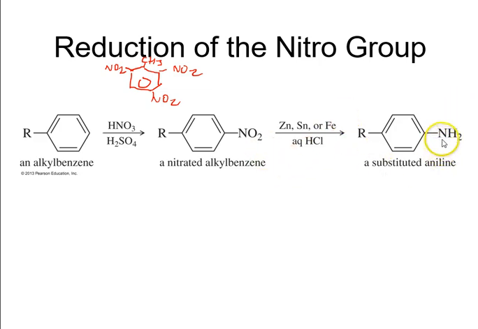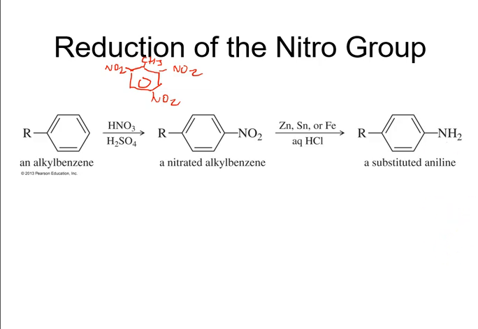Well, amino groups, or aniline, remember this is called an aniline group, is a very useful compound. It's found in nature, and it's found in a few of our amino acids. These aniline groups are very commonly used.